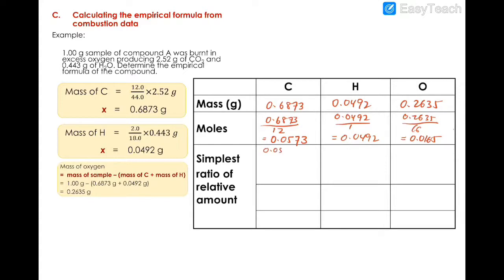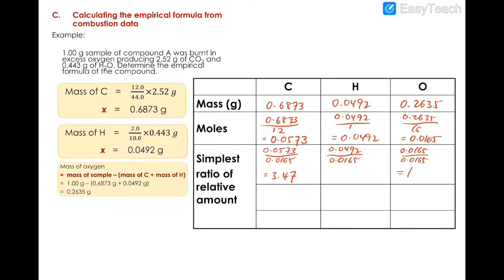Therefore 0.0573 divide by 0.0165, 0.0492 divide by 0.0165, 0.0165 divide by 0.0165. This one you get 1. Okay, tapi untuk carbon pula kamu akan dapat 3.47.